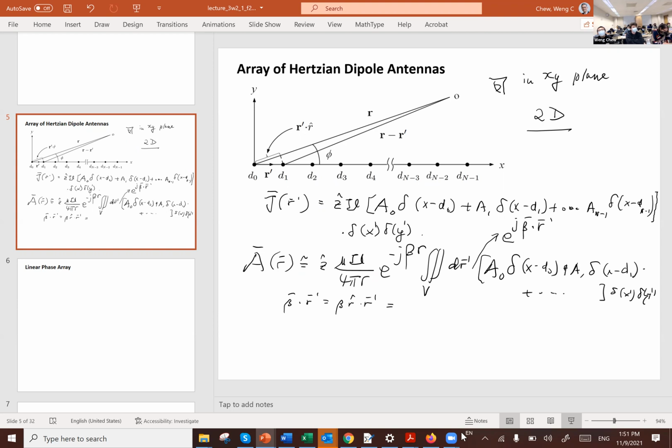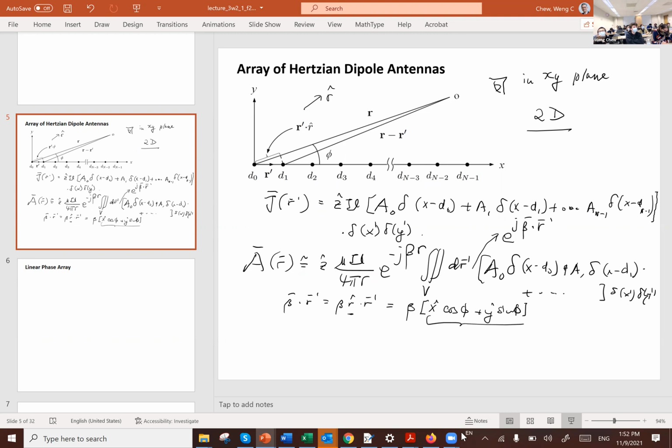So the beta that you have is always pointing in the XY direction. Remember, r hat is the direction of the beta vector, so your r hat is going to be in this XY plane as well. And if you work this out, then it will be beta (x hat cos psi plus y hat sin psi).